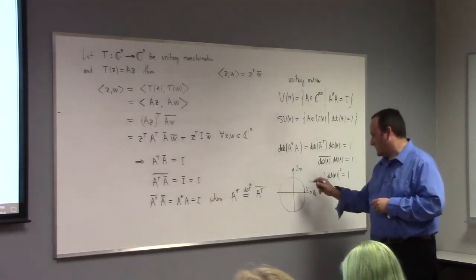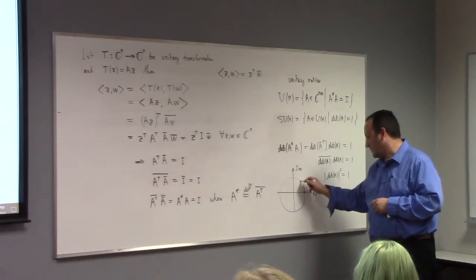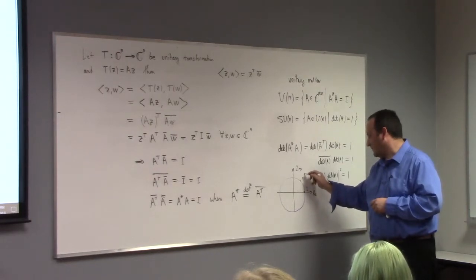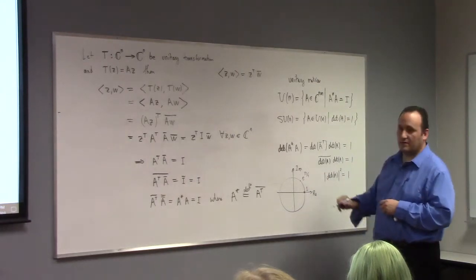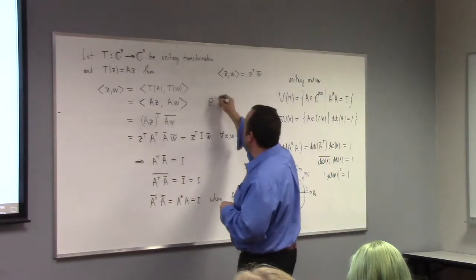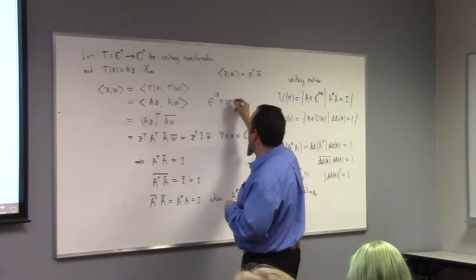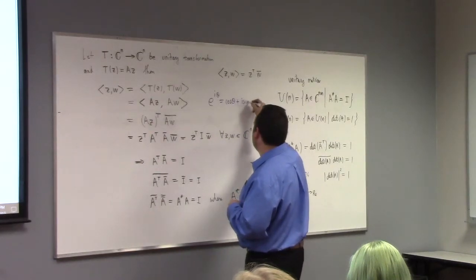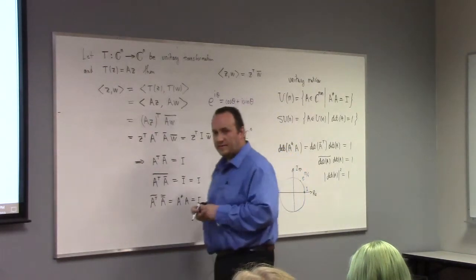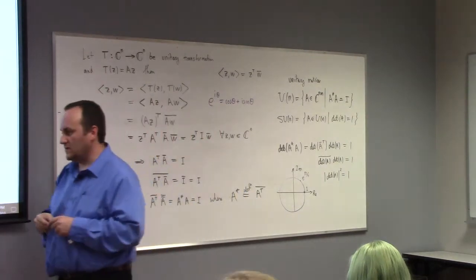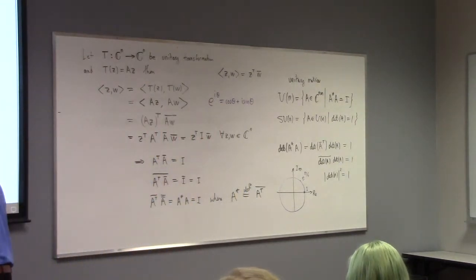But it could just as well be up here, you know. You could have e to the pi i over 4. Generally speaking, guys, e to the i theta, Euler's formula says that's cosine theta plus i sine theta. Fun fact. I don't know if that matters to you in the homework or not. There may be a problem. If you don't know about that and it comes up, come ask me about it. I'm happy to talk to you about it. All right.